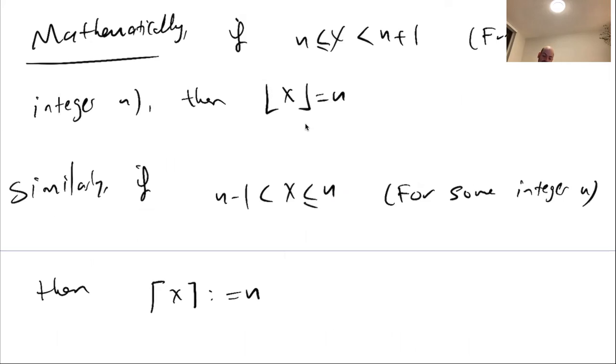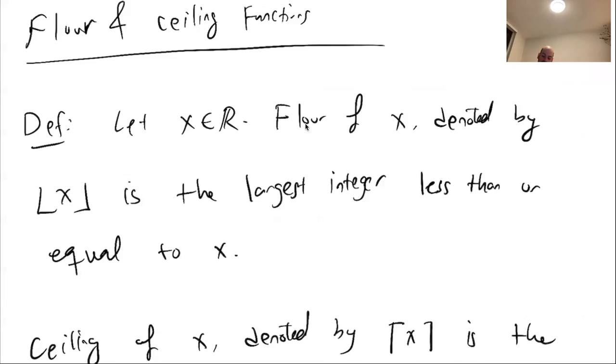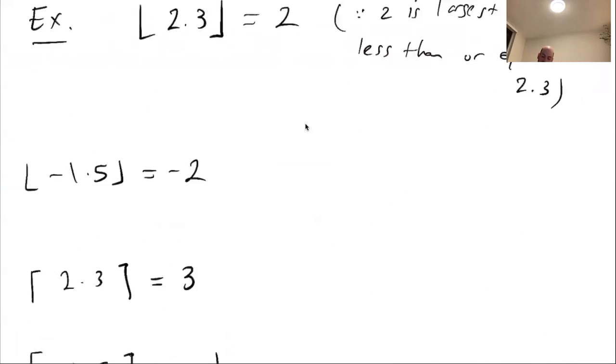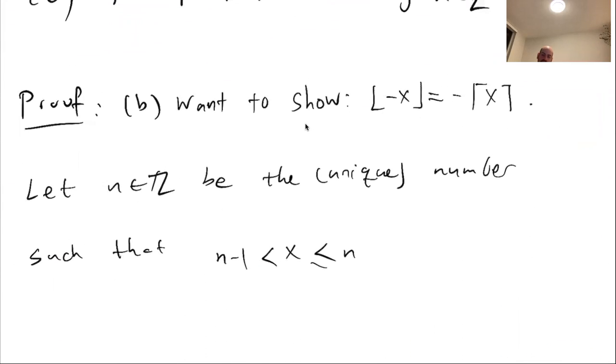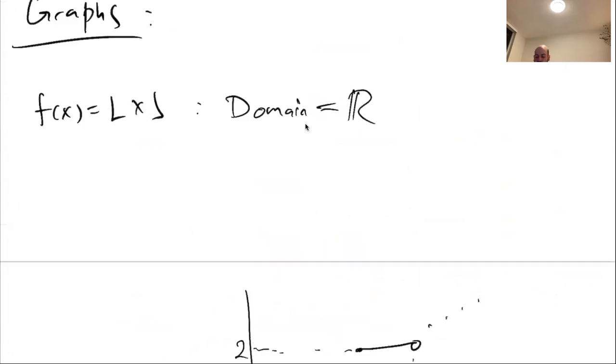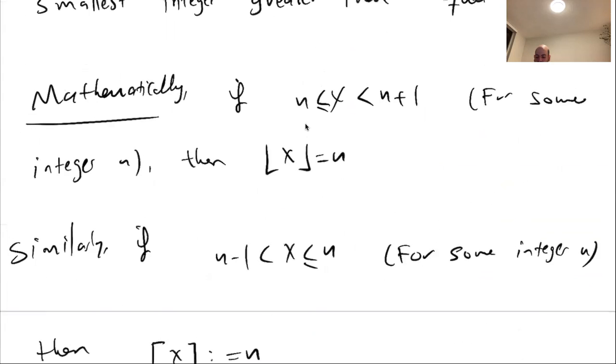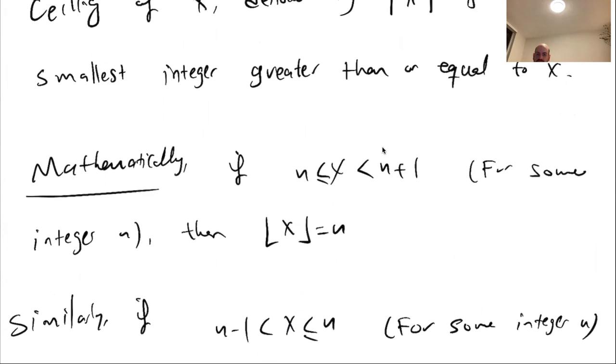Because I have to look at what I want to show. What do I want to show? I want to show that floor of minus x is minus ceiling of x. So I'm going to take floor of minus x, not x itself. If I wanted to take floor of x, then I would choose this one as my starting point, because for this one I can easily take the floor, and the floor will be n.